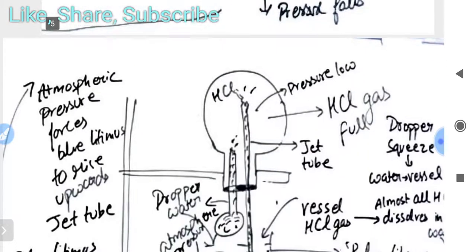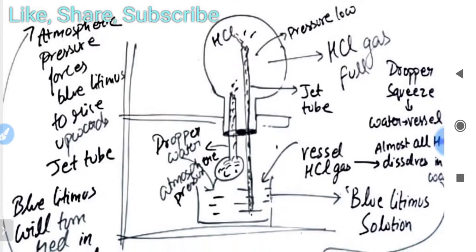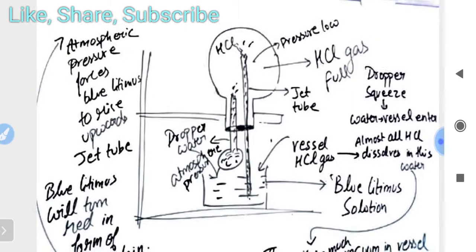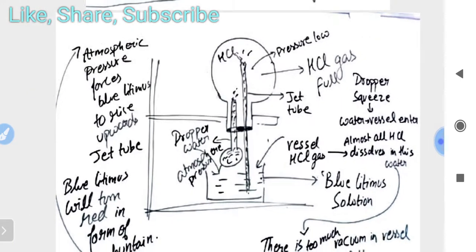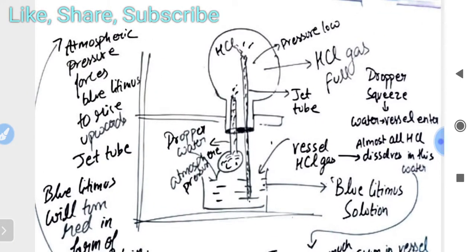Another thing, sometimes a question is also asked: how can you prove from the fountain experiment that HCl is highly soluble in water? This is the first thing. First, you can say this is proof that this gas is highly soluble in water.